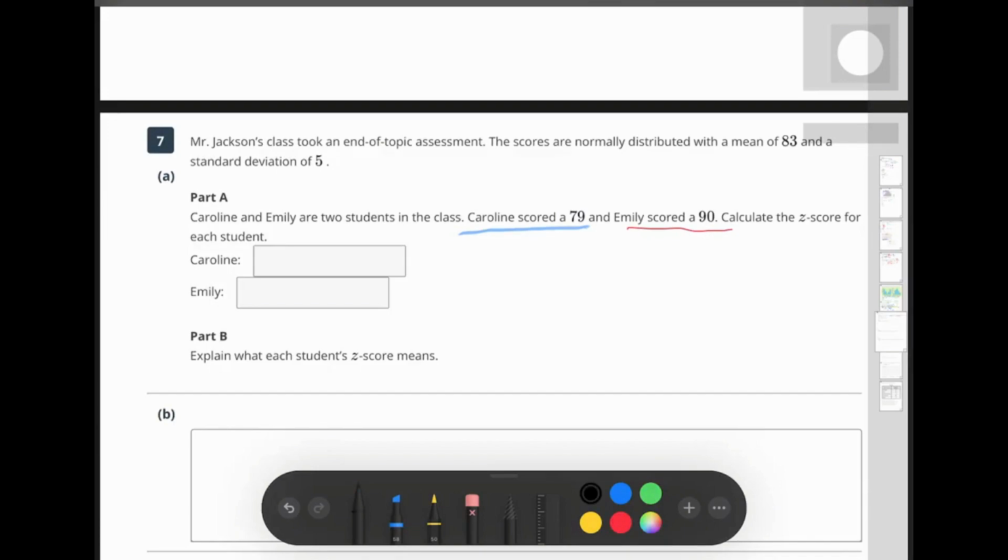So I'm going to go ahead and write the formula that we need for both of these. And when you want to compare these, we're trying to compare with the same ruler or measurement, and that is the z-score. X, the number, minus the average divided by the standard deviation.